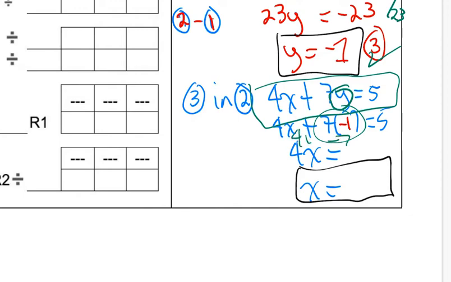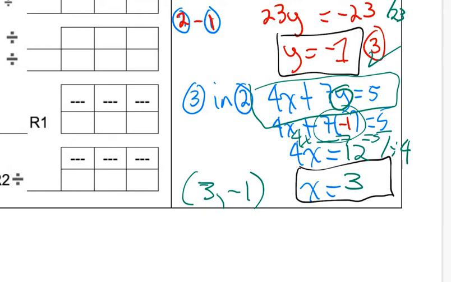So I've got 4x minus 7 equals 5. I'd have to add 7 to both sides, and I would end up with 4x equals 12. And then divide both sides by 4 to get x equals 3. So my solution is x comma y is 3 comma negative 1, and that's the solution.